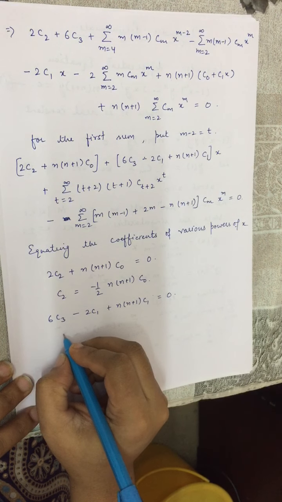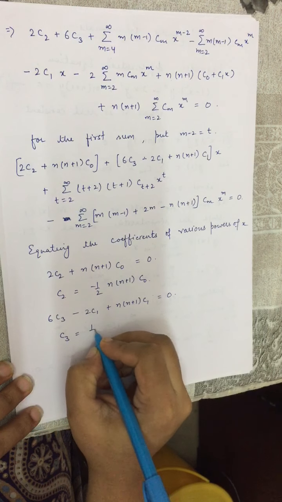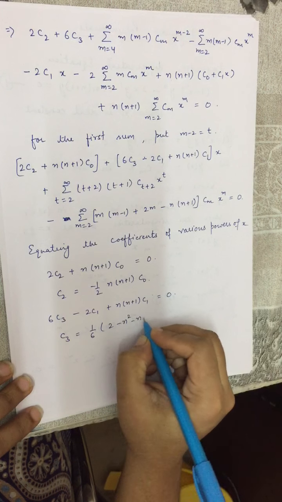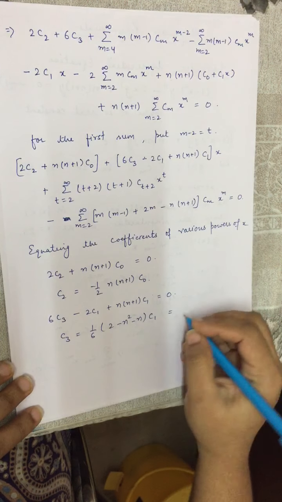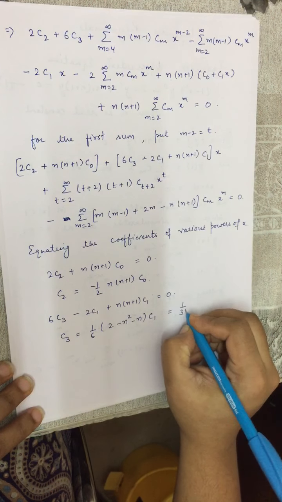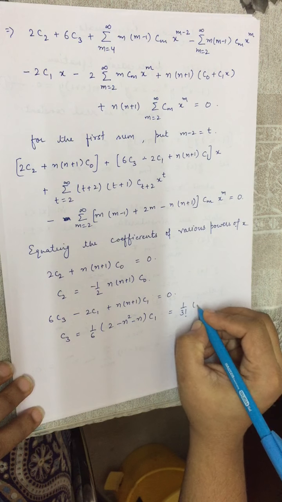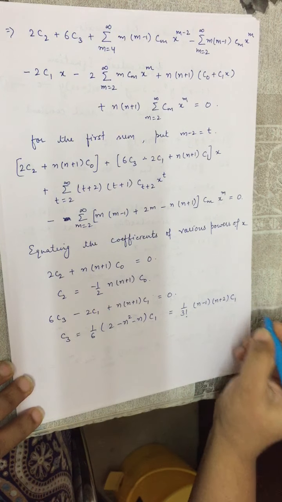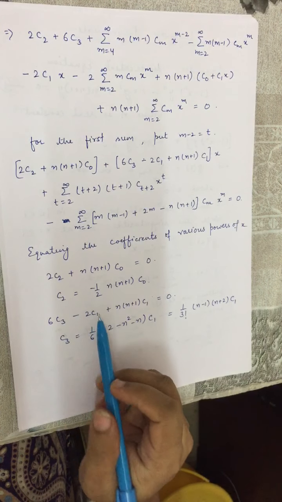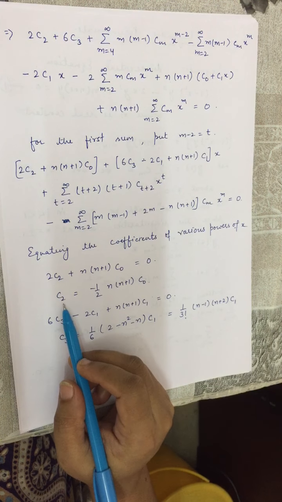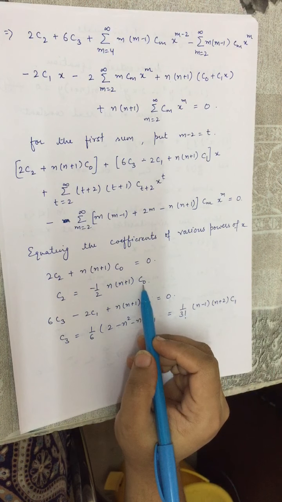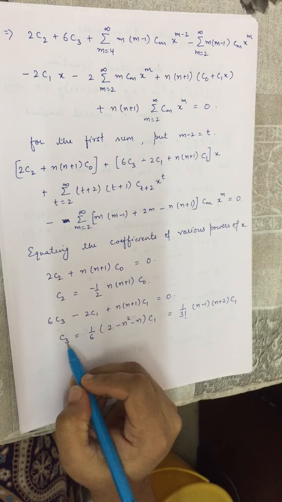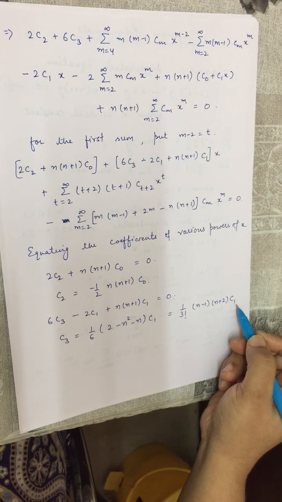So we get from here C3 is 1 by 6 (2 - n square - n) C1, which can be written as 1 by 3 factorial (n-1)(n+2) C1. So here we can see by equating the constant term we get C2 in terms of C0, and by equating the term containing x we get C3 in terms of C1.